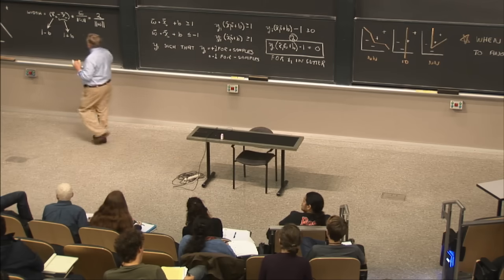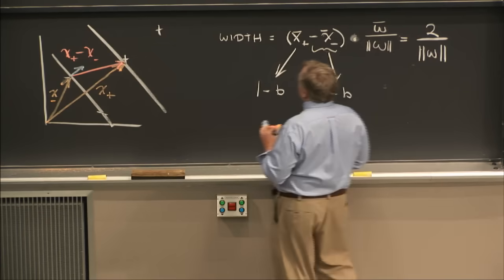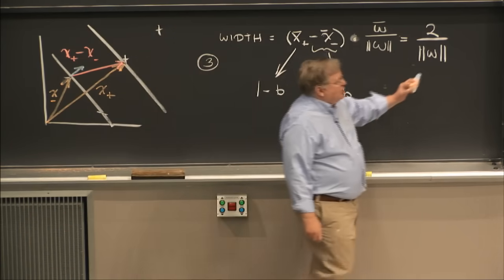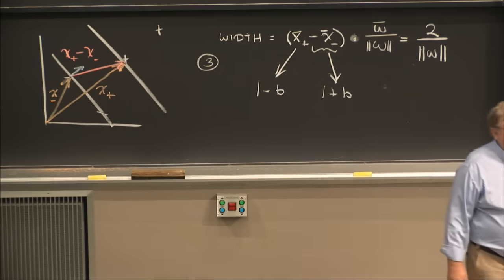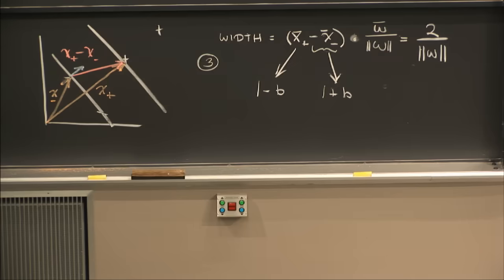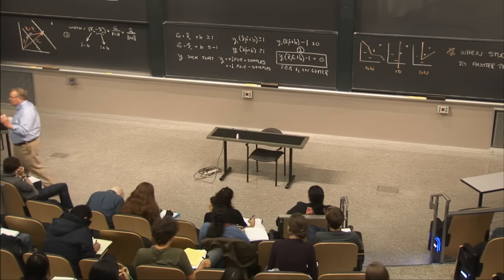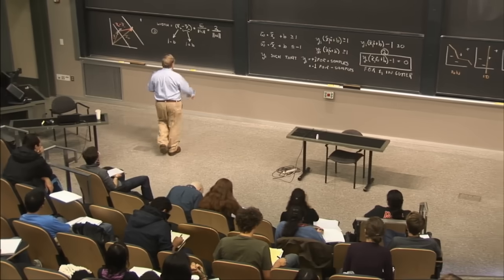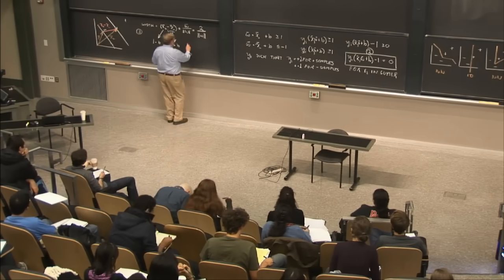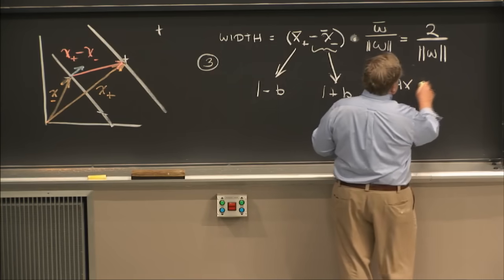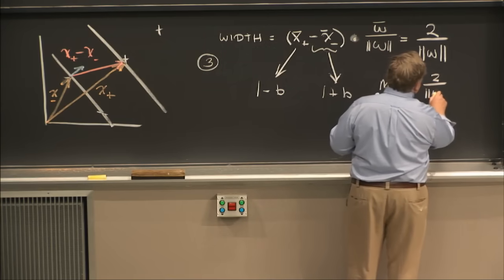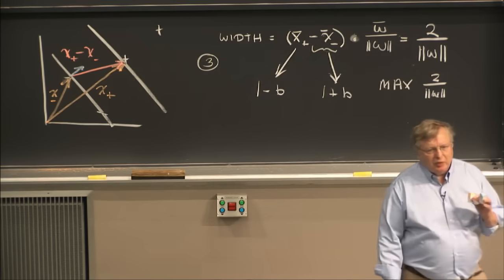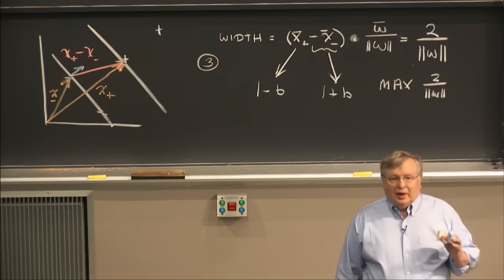So this quantity here, this is miracle number 3. This quantity here is the width of the street. And what we're trying to do is maximize that, right? So we want to maximize 2 over the magnitude of w if we're to get the widest street under the constraints that we've decided we're going to work with. All right?